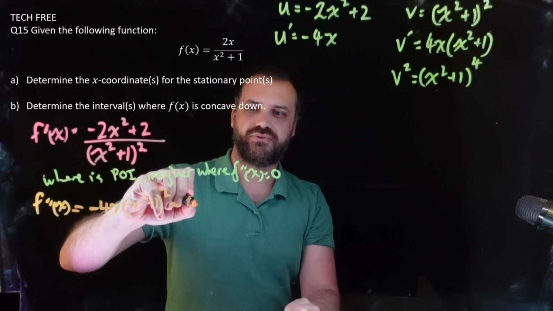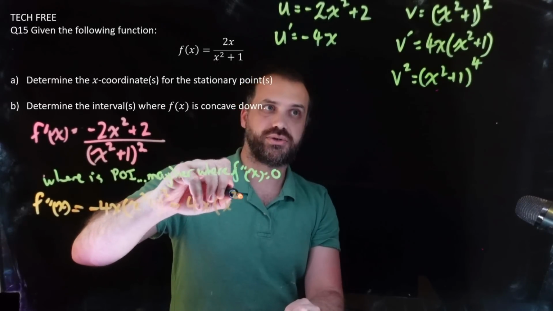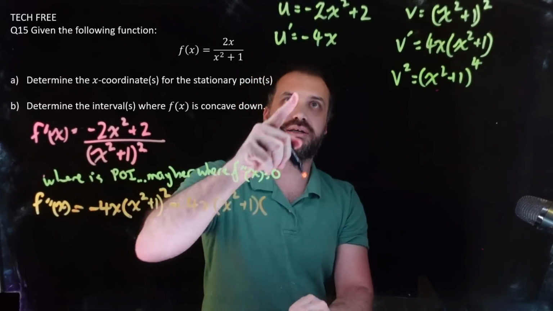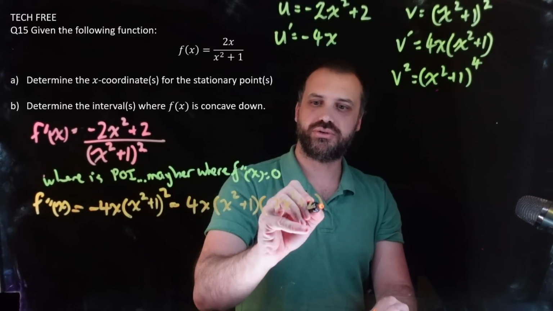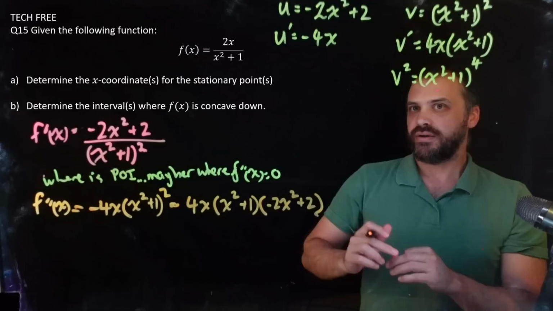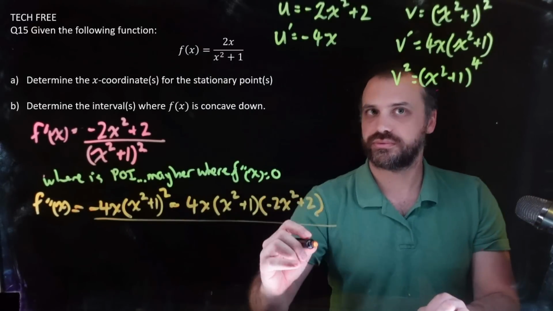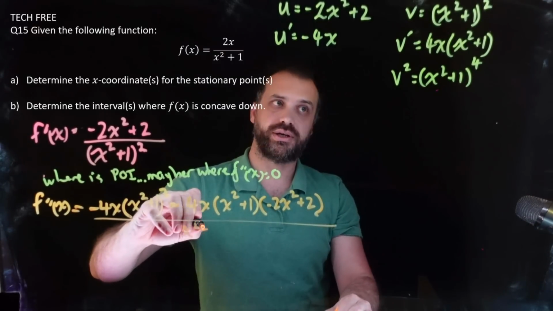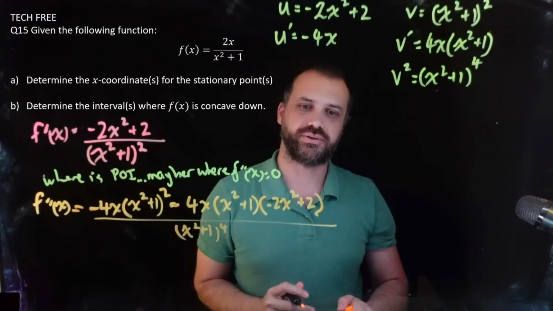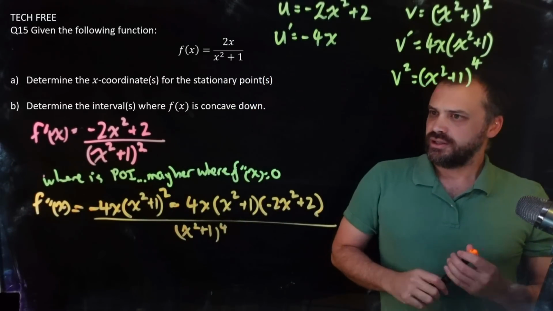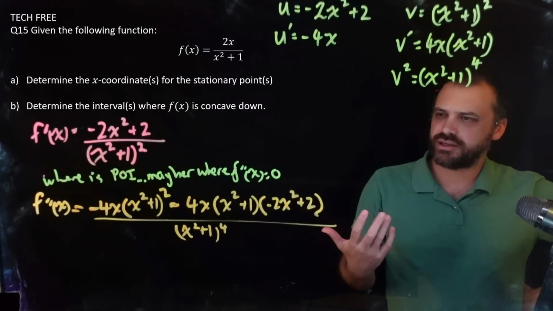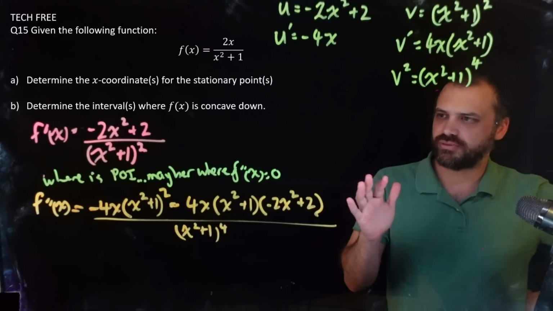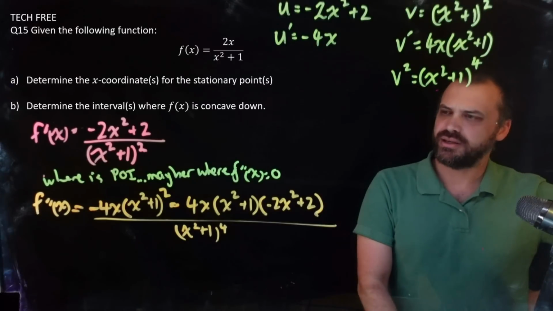So we got 4x times x squared plus 1, bracket negative 2x squared plus 2, close the bracket, all over v squared, x squared plus 1 to the power of 4. Oh boy. Now for ease of working from here, it probably makes sense to simplify this somehow. Maybe. Do I want to? Yeah, I think I do.